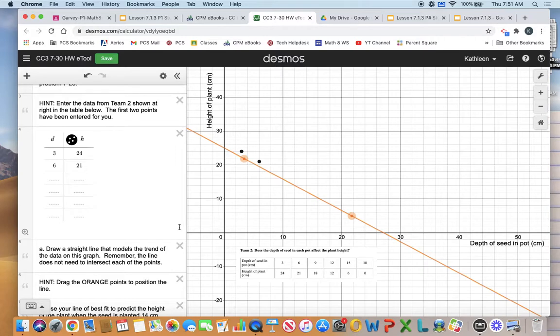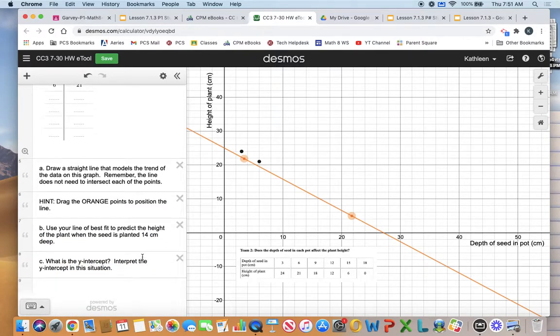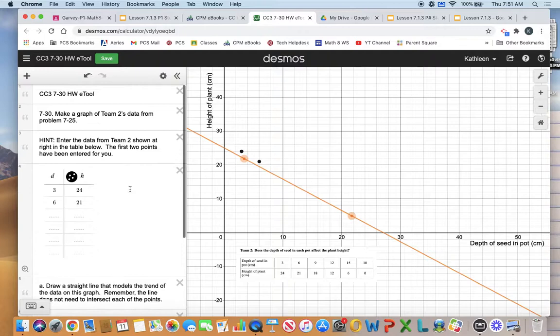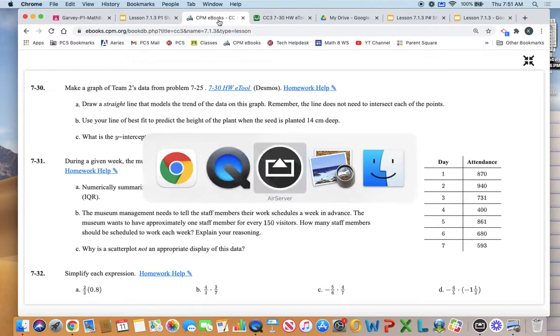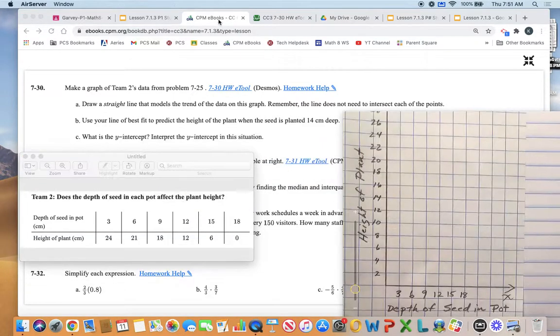And then you can take a screenshot of this. All right, you still have to answer the other questions on paper, but you can do the graph on here. All right, but now I'm going to show you how you would do this if you were doing it by hand on paper.